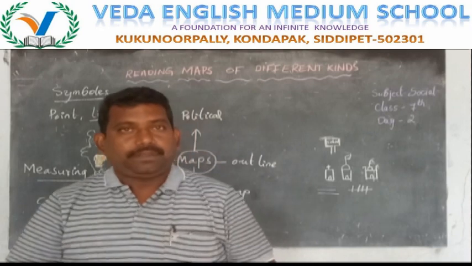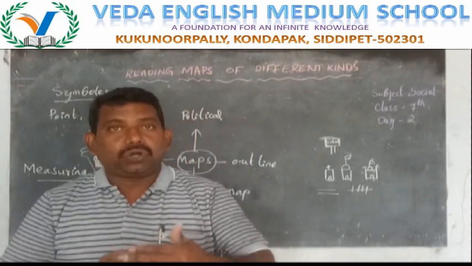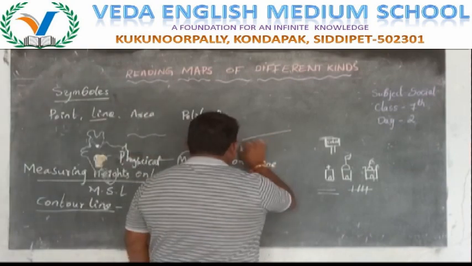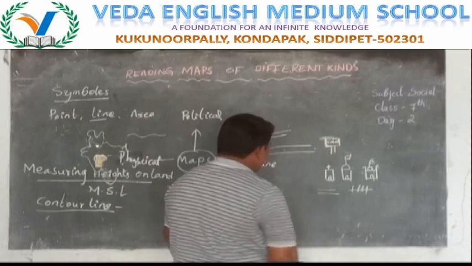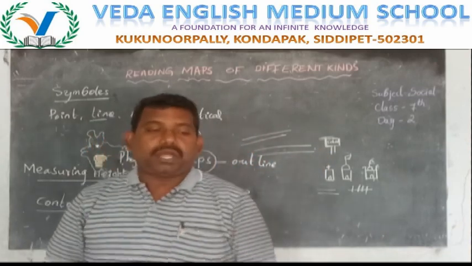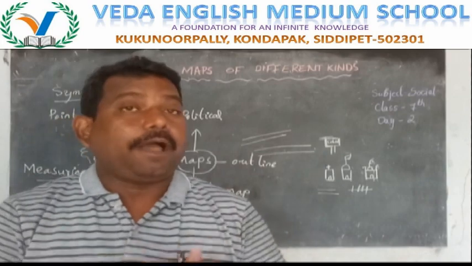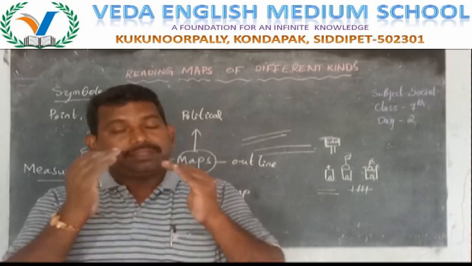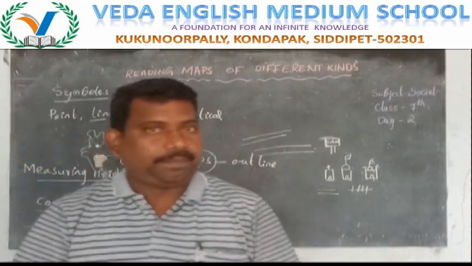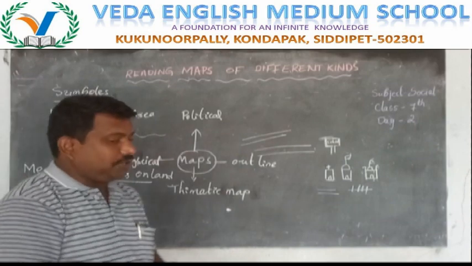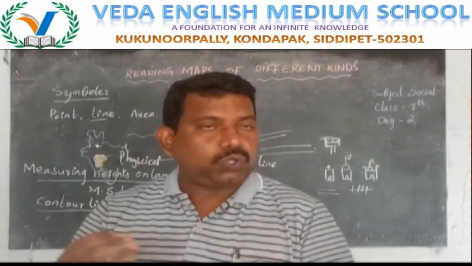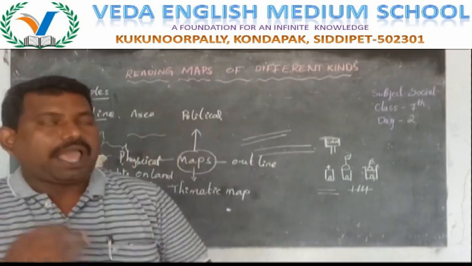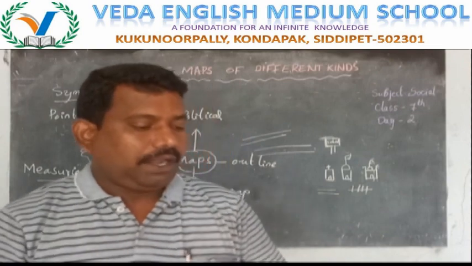If you see the distance between two contour lines, whether they are near to each other or far from each other, the distance depends upon the slope of the landscape. Do you understand, children? The distance between two contour lines depends upon the landscape or shape of the land.